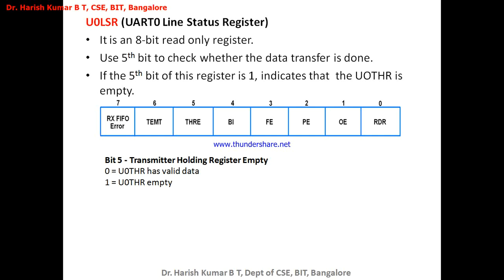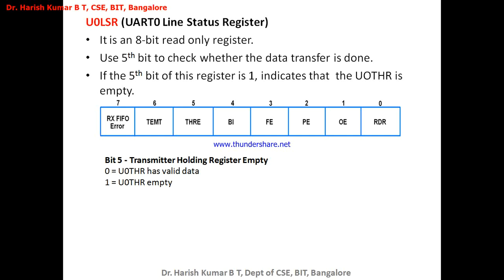Now to compute them, use the formula: U0DLM plus U0DLL is equal to PCLK divided by desired baud rate into 16, and PCLK can be found by dividing the CCLK by 4. CCLK, the CPU clock frequency, is 12 MHz, and 12 by 4 is 3 MHz.